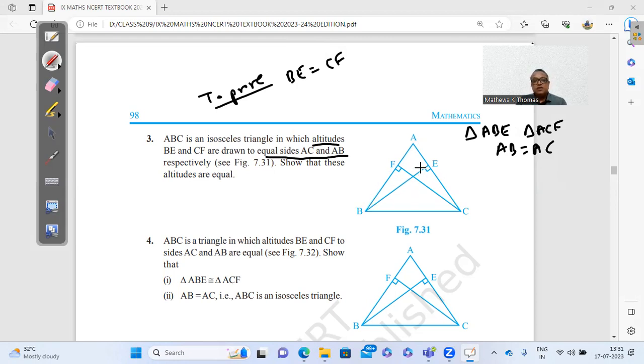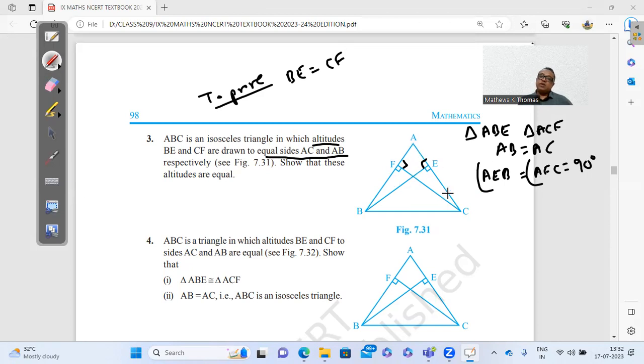And then we see here this is 90. So angle AEB is 90, because this is 90 means linear pair. This is also 90, right? Perpendicular is not on one side, it is for both sides. So AEB is equal to AFC equal to 90.